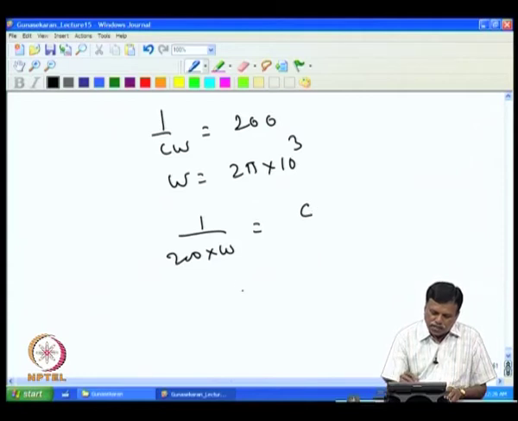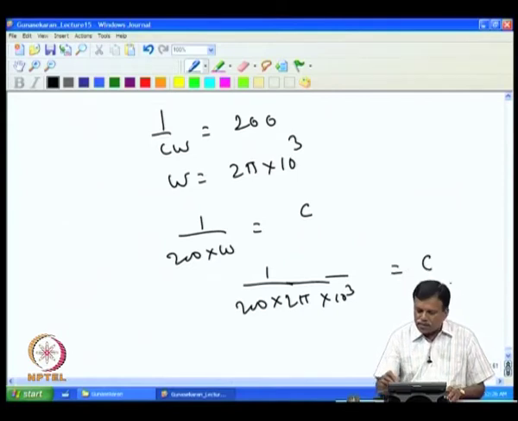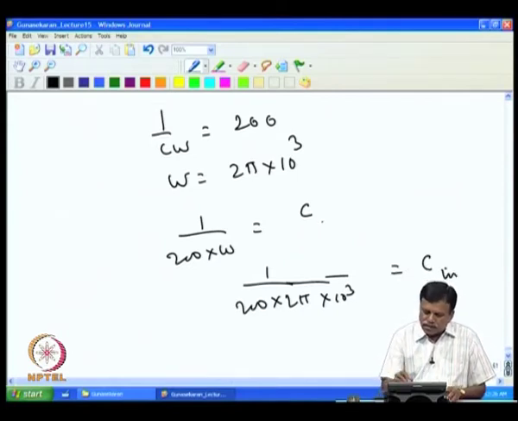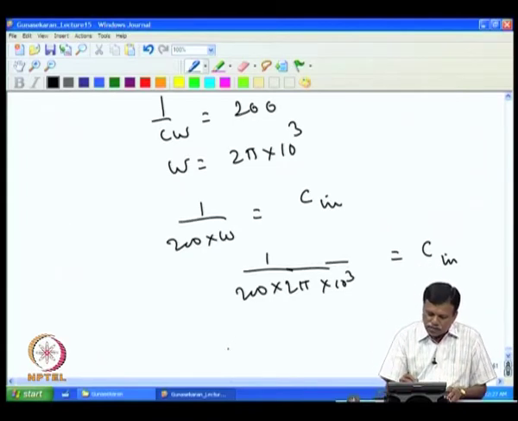So, you will get 1 by 200 into 2 pi into 10 power 3 as C input. That comes as 1 by 10 power minus 5, 3 plus 2, 5 gone. So, you have 2 into 2 pi here.